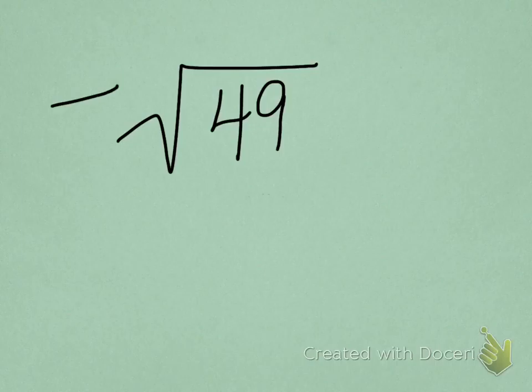Also, I wanted to bring to your attention, if you have a radical sign like this, say, and let's just put 49, if there's no index here, you have to assume that it's square. It's a 2 if there's nothing there. It's not a 1 like we use in front of a variable. It's actually a 2 when you're using square roots.